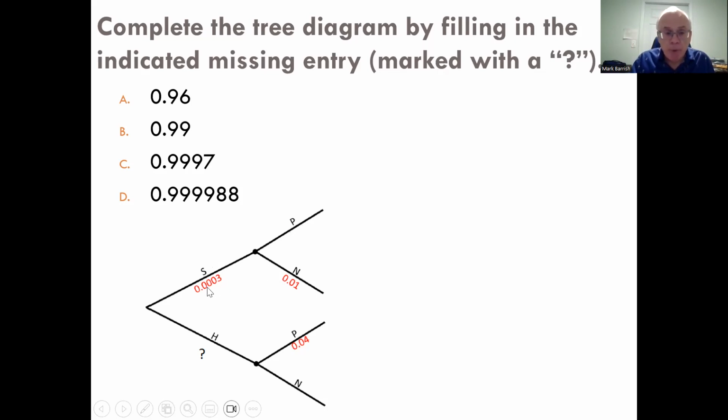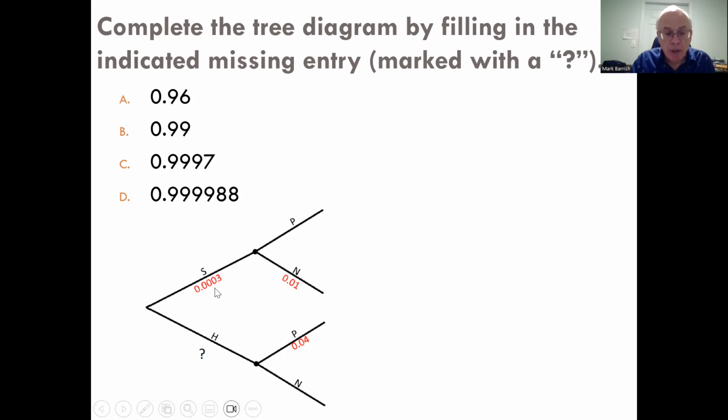And then if you multiply 0.0003 times 0.99, that would give you the probability that if you pick somebody at random, they have the disease and they got a positive result. 0.0003 times 0.01 would give you the probability that you pick somebody at random and they got a negative diagnostic result, and they do have the disease. So you expect a small probability.